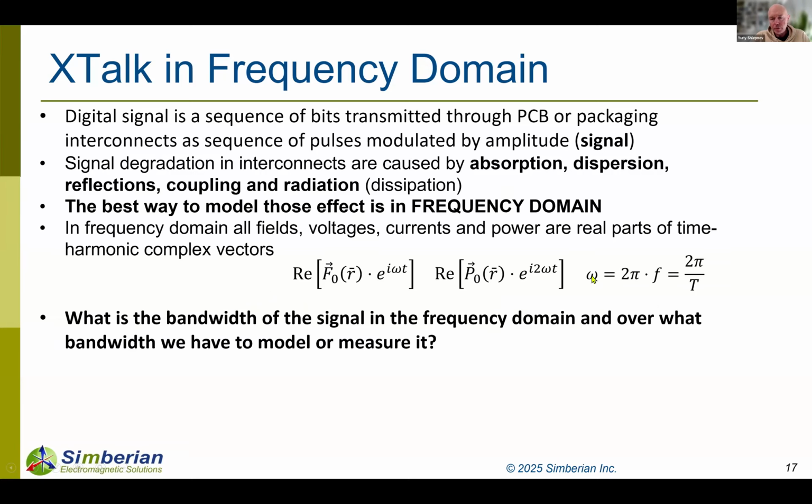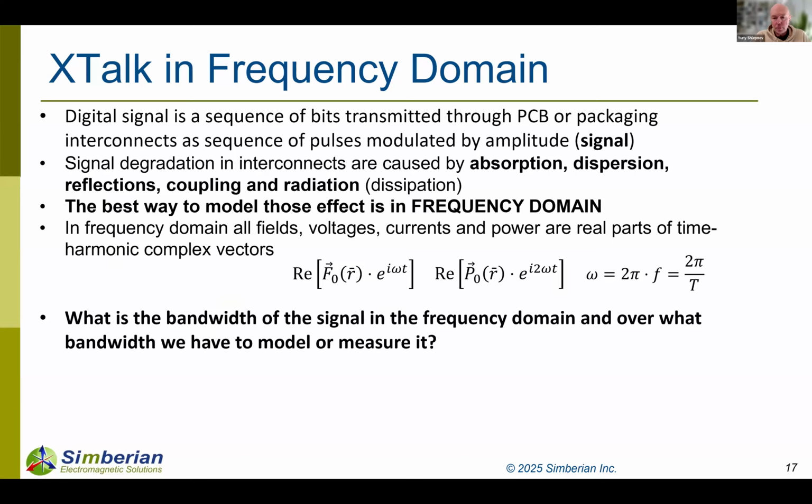So when we talk about frequency, we talk about a sinusoidal signal, and all the effects, all the degradation factors, are frequency dependent. And when we obtain the frequency response of links, then all other types of analysis can be done with this response.